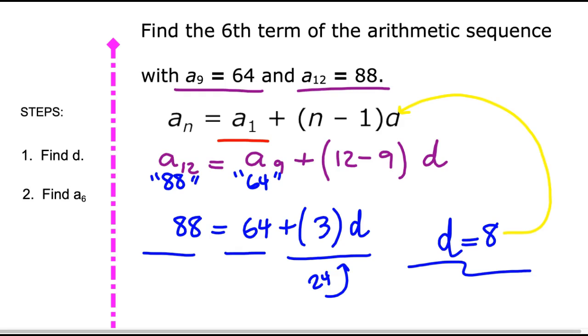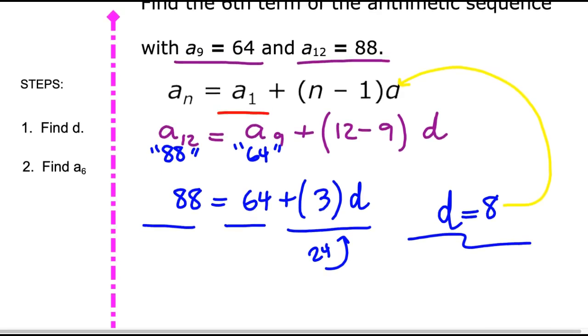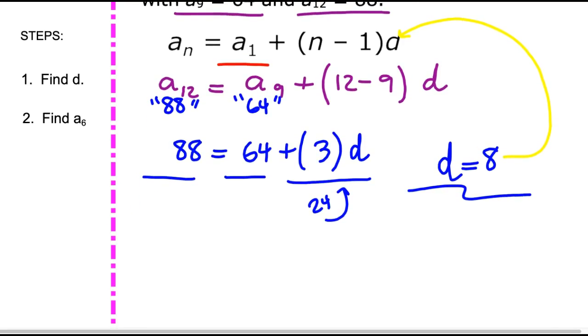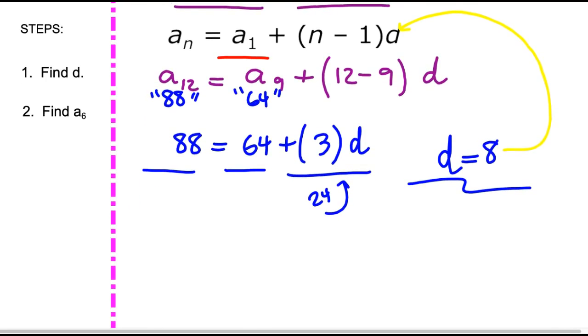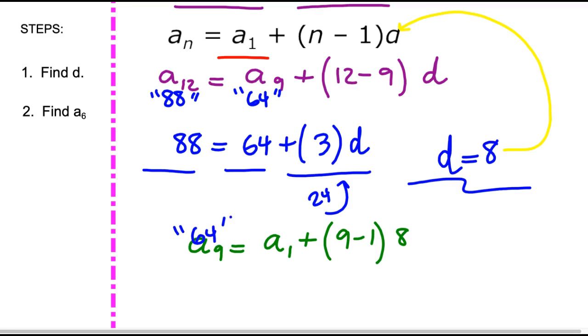Probably the smaller one. Okay, so let's say we know a sub 9 and we don't know a sub 1. So now we're going to do the same thing, like a 2-part equation. So we know a sub 9 is equal to a sub 1 plus 9 minus 1 eighths away. Right? But we know a sub 9 was 64, so put that in.